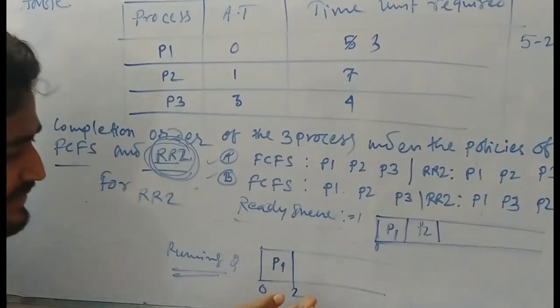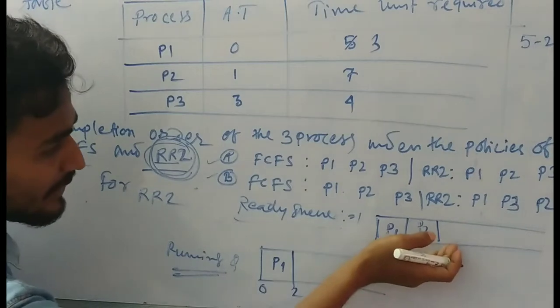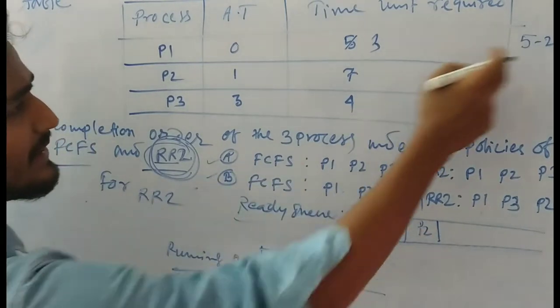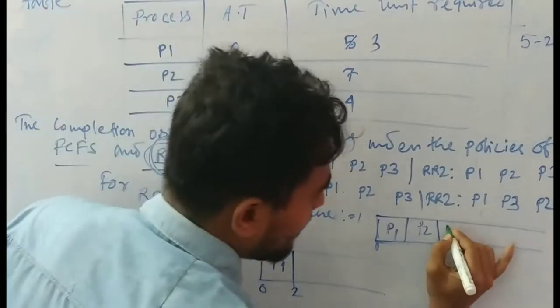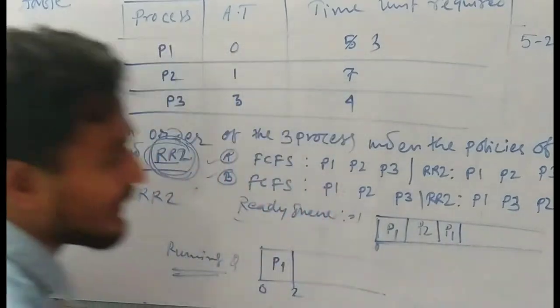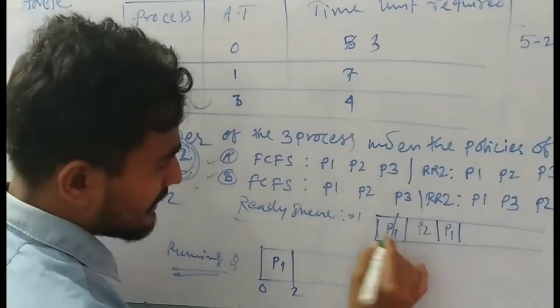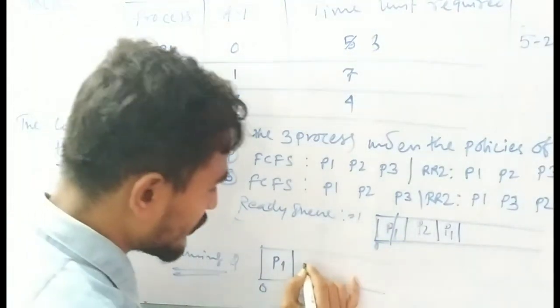First of all, I check how many processes are present in the ready queue, and then check whether the P1 process is complete or not. Not complete, because 3 is remaining. Then it will be mentioned at the last of the ready queue. Then P2 will be performed.